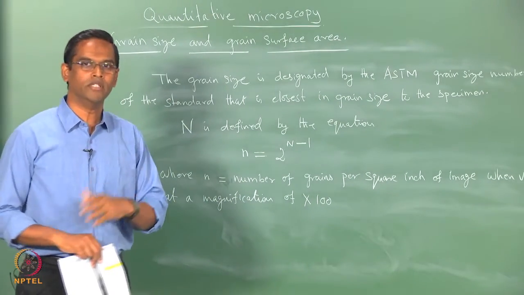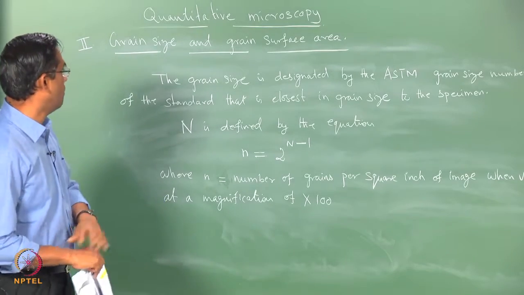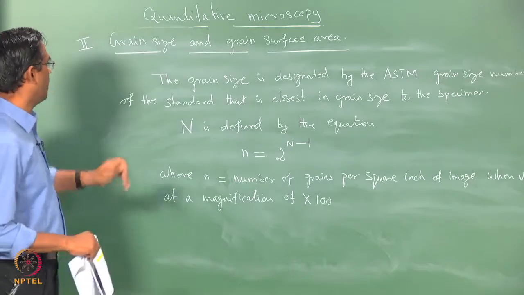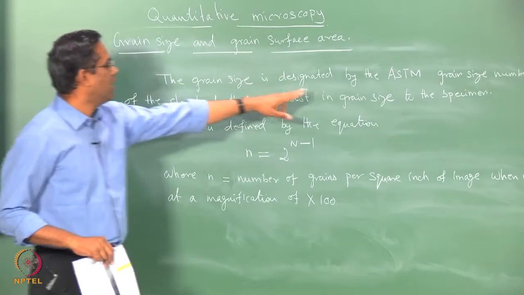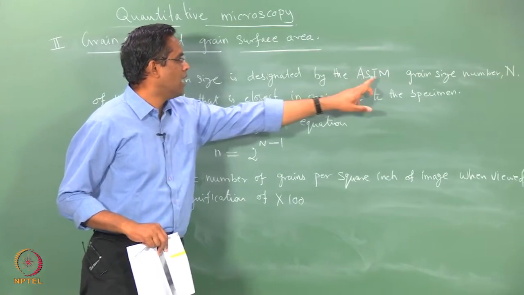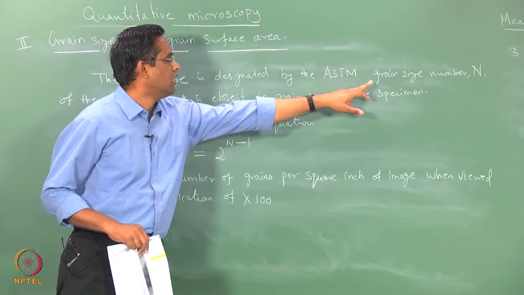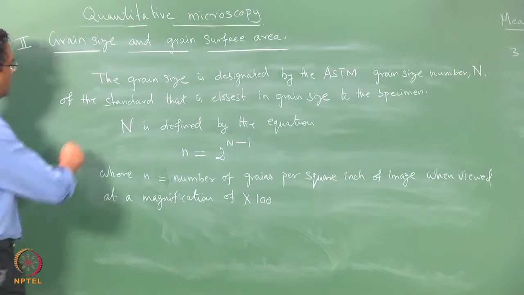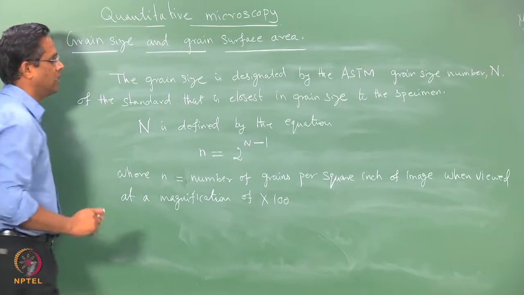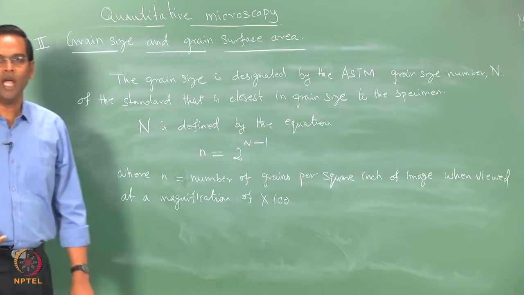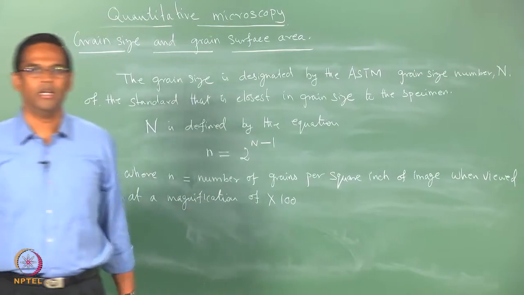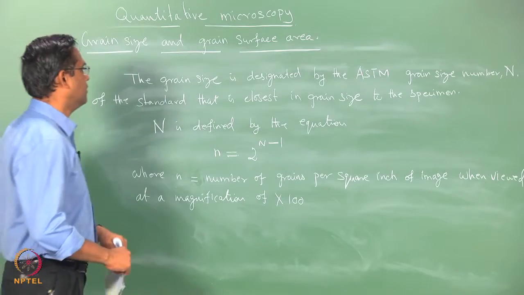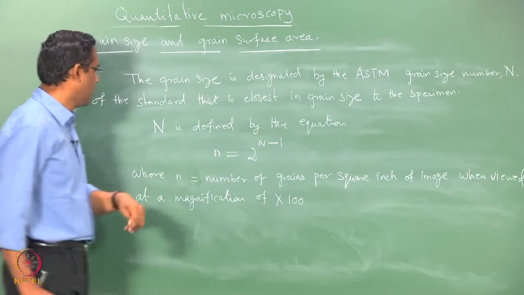Mathematically we can do it, which I am also going to show you, but this is the most popular in industrial practice, where the grain size is designated by the ASTM, American Society for Testing and Materials, grain size number N, that of the standard that is closest in grain size to this specimen. You have standard charts readily available for reference to compare your specimen with the grain size on the chart.